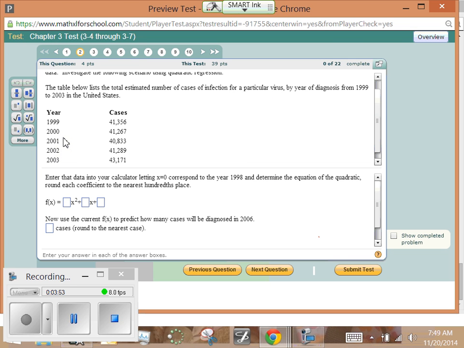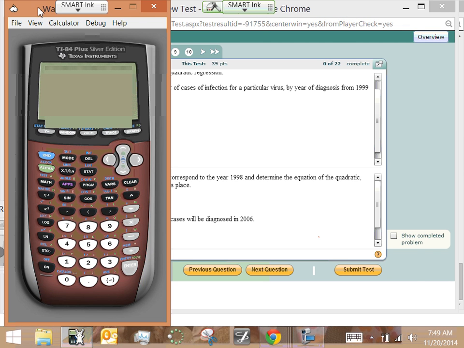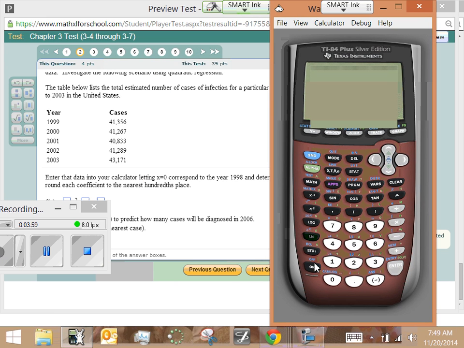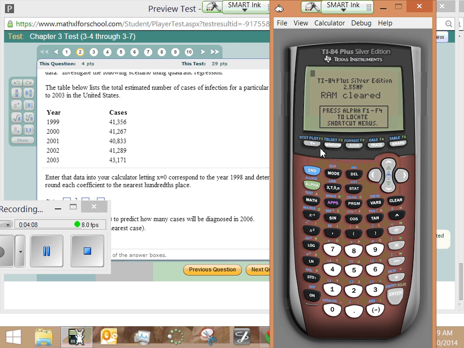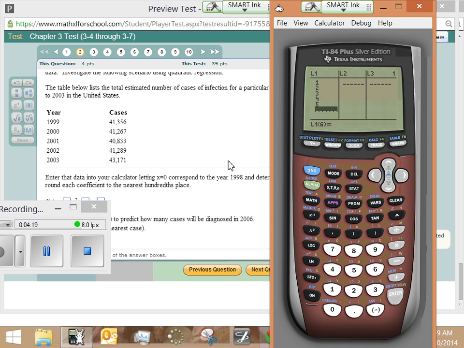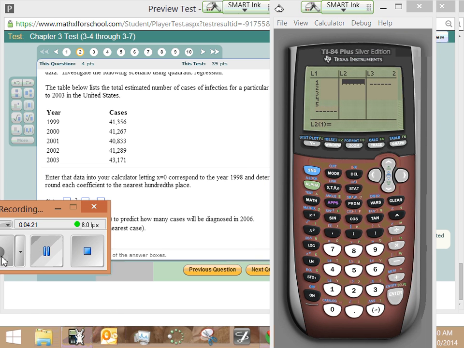When you type this in your calculator, go to Stat, Edit, type in 1, 2, 3, 4, 5. Then in this L2, you're going to type in these quantities.